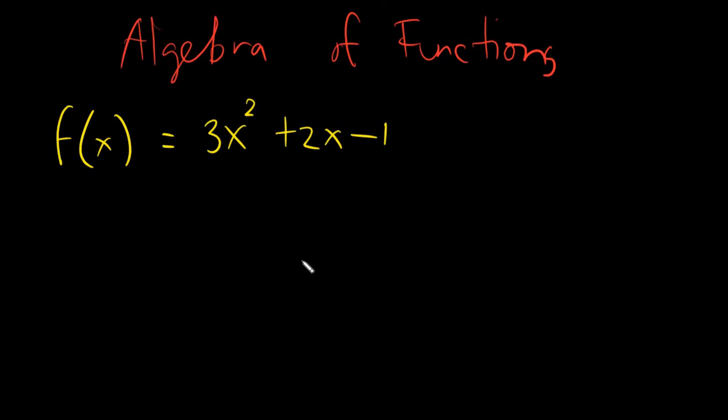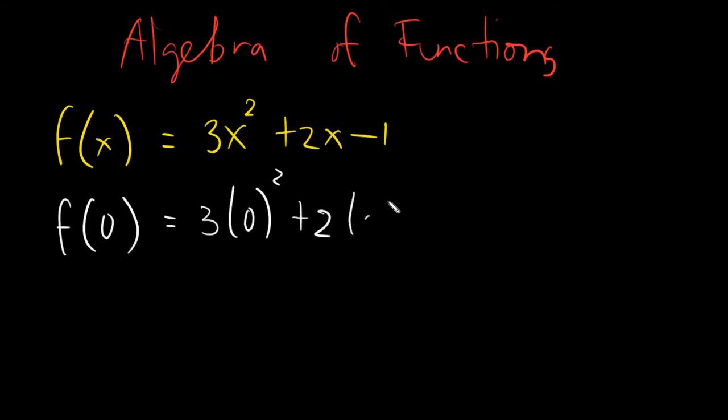In the algebra of functions, it simply goes like this. Whatever the value inside the parentheses, for example f of 0, it simply demands you to change all the x's to whatever is inside the parentheses. So it will give you 3 times 0 squared plus 2 times 0 minus 1.